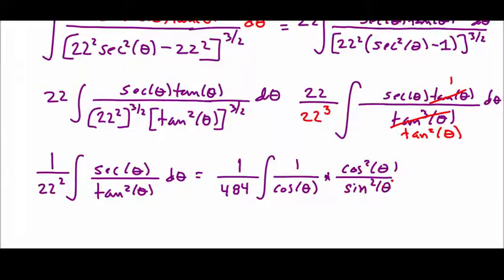So again, when you divide by a fraction, you multiply by that reciprocal. This cosine cancels with one of these. This actually isn't looking all that much better, but looks better soon. And then it looks like I have cosine of theta over sine squared of theta.